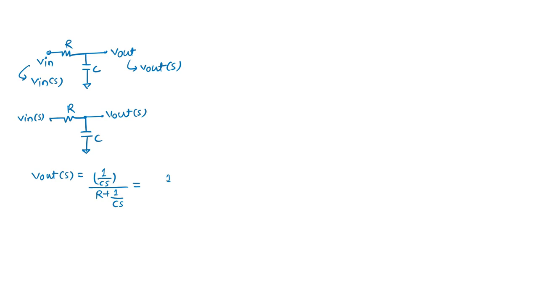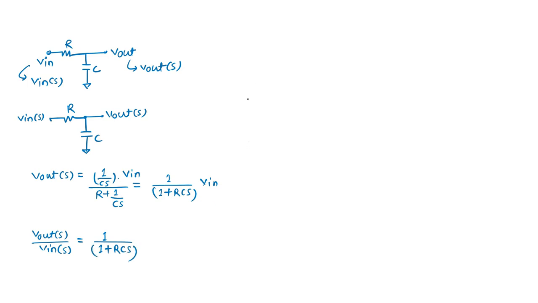What do you see? 1 upon 1 plus RCs, times Vin. So what is the transfer function? The output we are seeing is dependent on this RC component. This is the transfer function, or I will say the output is nothing but the transfer function times the input.